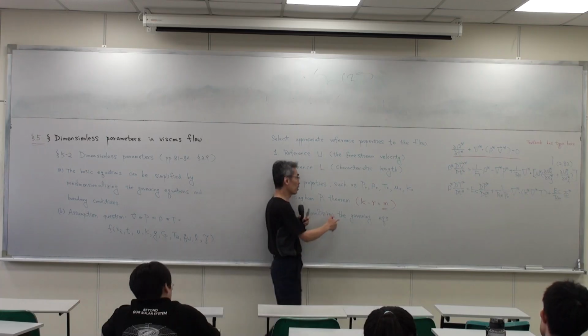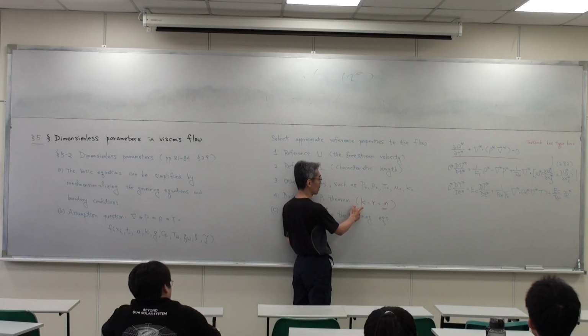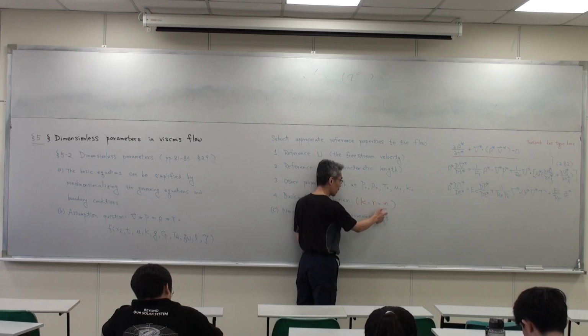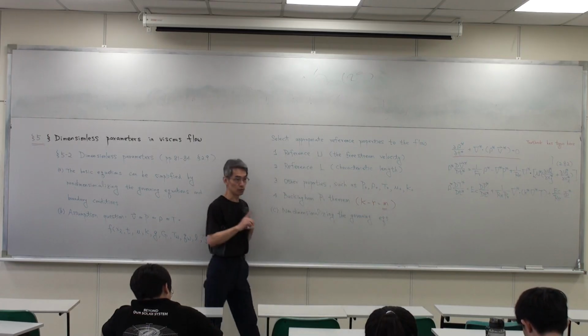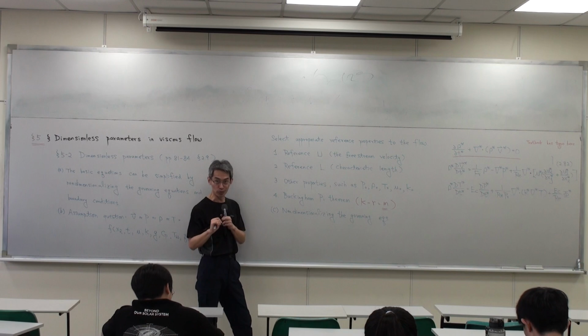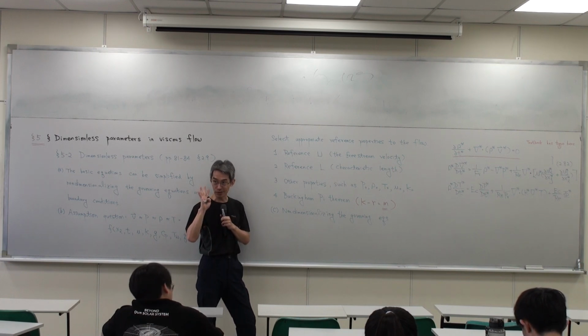If you have an original 4 unknowns, then you can reduce 4 unknowns to 1 unknown. That means you just need to do 1 set of experiments. If you have 4 unknowns, that means you need to do 4 sets of experiments, right?